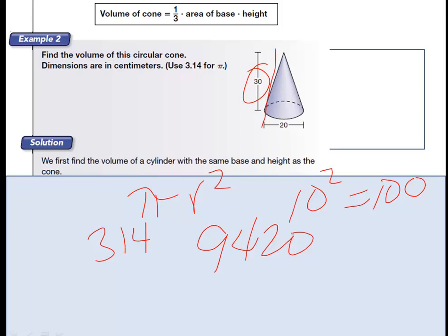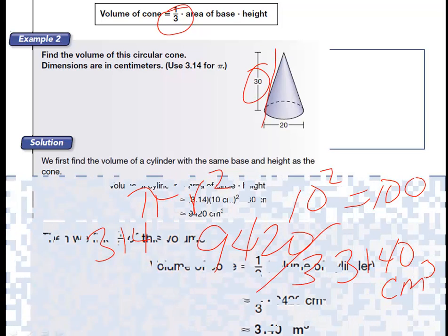Our last step is to divide by 3. You have to remember to divide by 3. Just like with triangles, we divide by 2; with cones, we divide by 3. We get our answer, 3,140 centimeters cubed. Hopefully that's what you got.